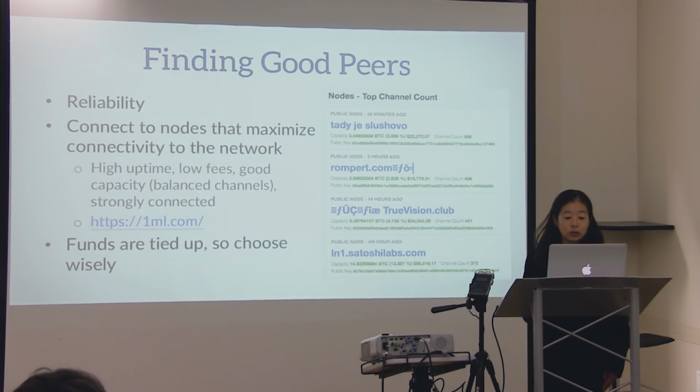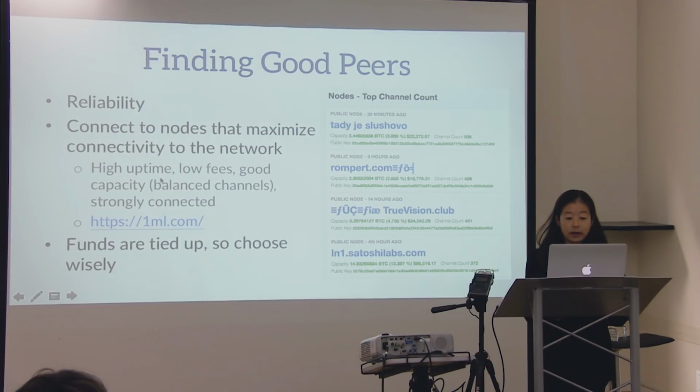So we don't want to have to create lots and lots of channels to everyone we might want to pay. If we can just create one big fat channel to a node that already has high connectivity, that's more useful than a channel to just an isolated node.